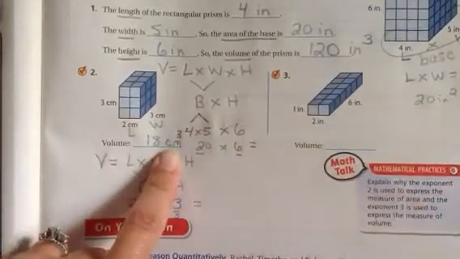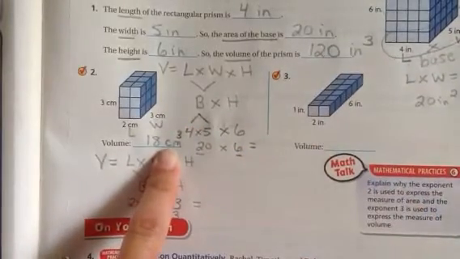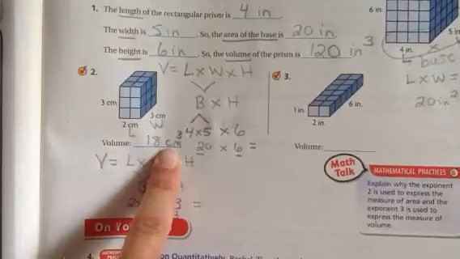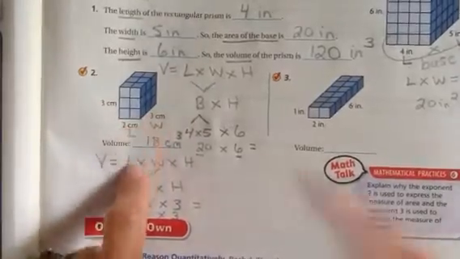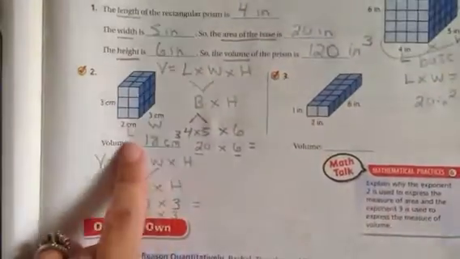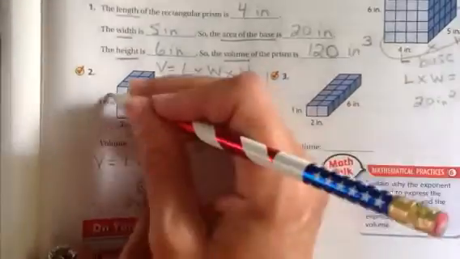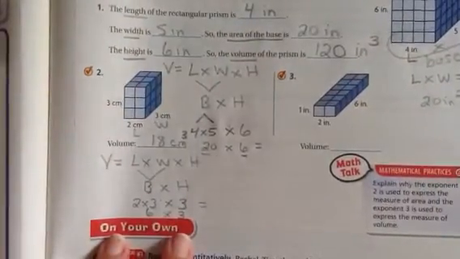And don't forget that little 3, that exponent 3, to show that we're using the three measurements for the three-dimensional figure. 18 centimeters cubed.